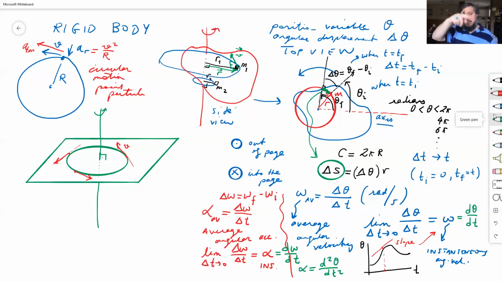It goes around the circle. Therefore, the velocity vector is always perpendicular to the position vector, right? So this is the position vector here, r, whose magnitude is the radius here.